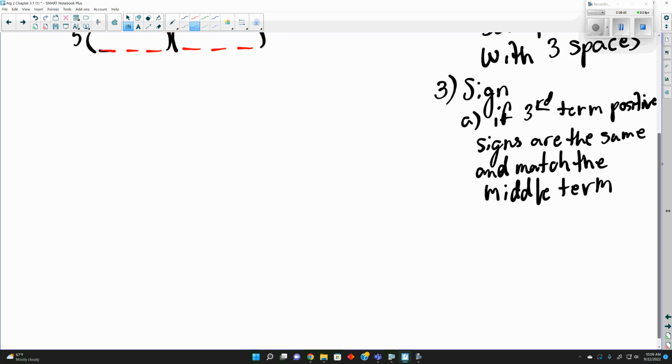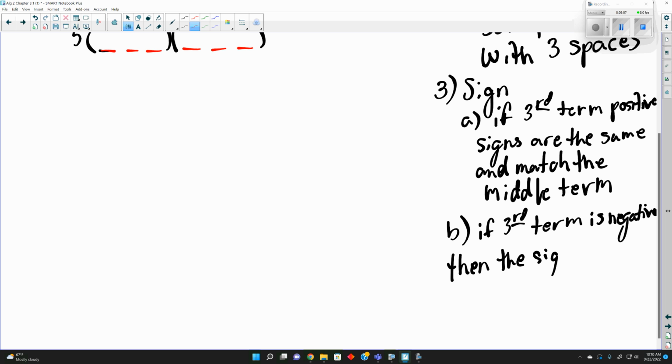Now, the third term could also be negative. If the third term is negative, then the signs are opposite.